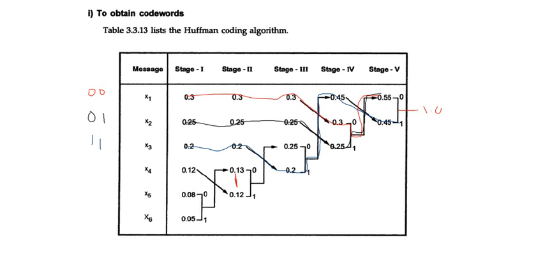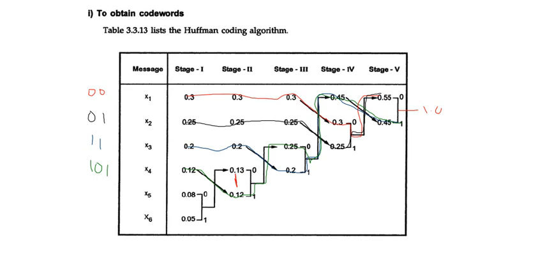The x4 path is something like this, so 1, and then 0 1. So 1 0 1 is the code word for x4.